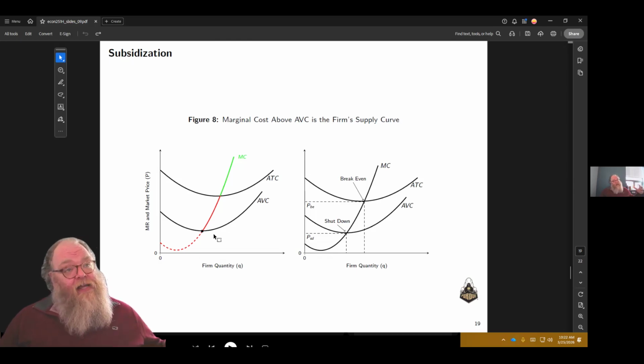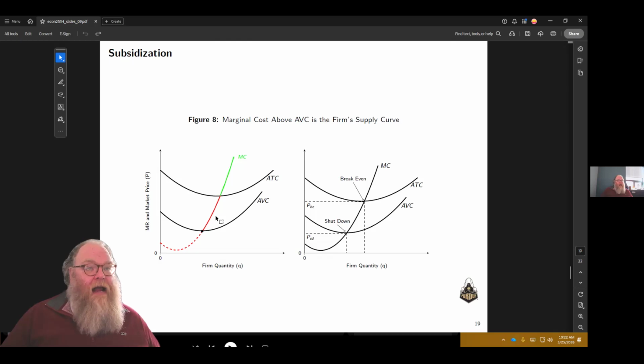Now, if the market price is between the minimum of AVC and the minimum of ATC, the firm is earning negative profits, but they should stay open, okay, because they're covering their fixed cost. Economically speaking, they would lose more money by shutting down if the price were in this red area, the non-dotted red area.